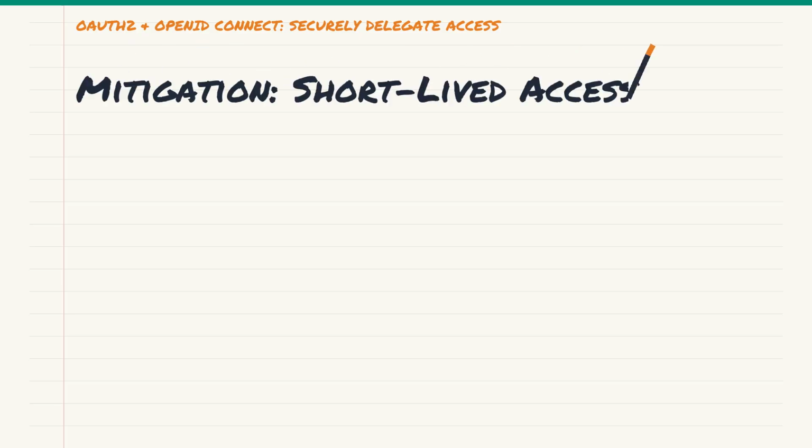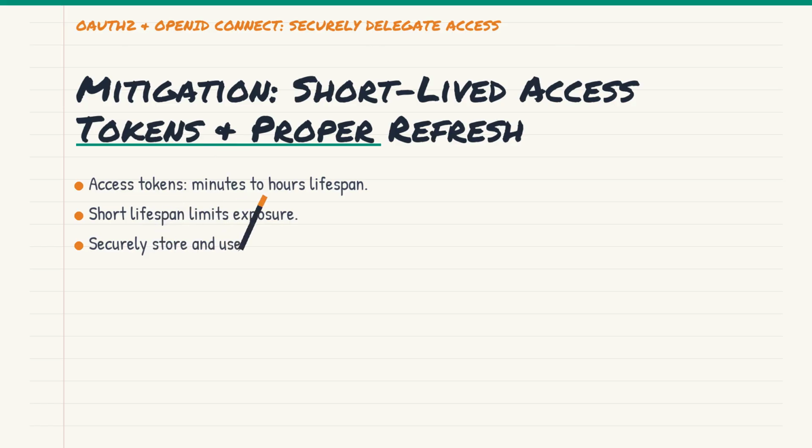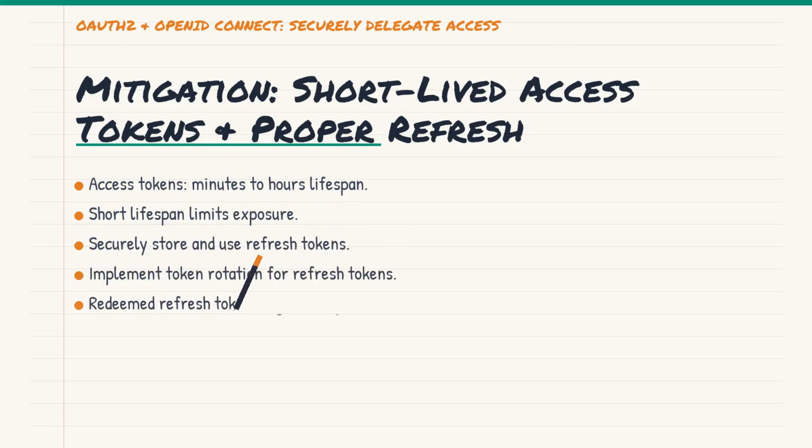Access tokens should have a short lifespan. We are talking minutes to hours, not days or weeks. This minimizes the window of opportunity for an attacker if a token is leaked. Crucially, implement your refresh token strategy carefully. Refresh tokens are powerful. They should be stored securely and ideally only used once.